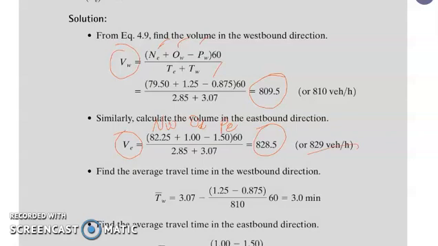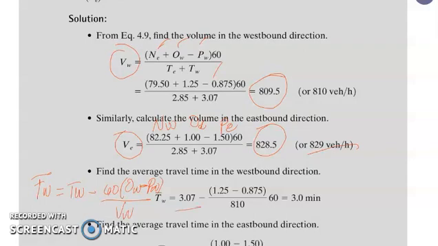So now we're going to get the average travel time in the westbound direction. So to get the average travel time in the westbound direction, we simply have to make use of our equation. So our equation here is bar T of W, the travel time in the westbound direction, is equal to T of W minus 60 times O of W minus P of W all over V of W. So if we simply substitute now, T of W is given in our problem, which is 3.07.